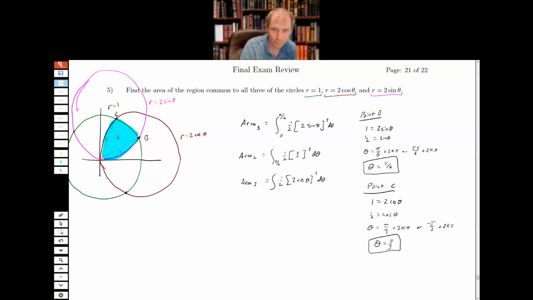So pi over 3 is my second limit of integration. Okay, in this area 2. So in the area 3, that's where I start, and it'll finish when I get the rest of that area. Okay, and that's going to be the rest of quadrant 1. So it's going to go up to pi over 2. Okay, so now I have the setup done, and we just need to go ahead and do the integration.